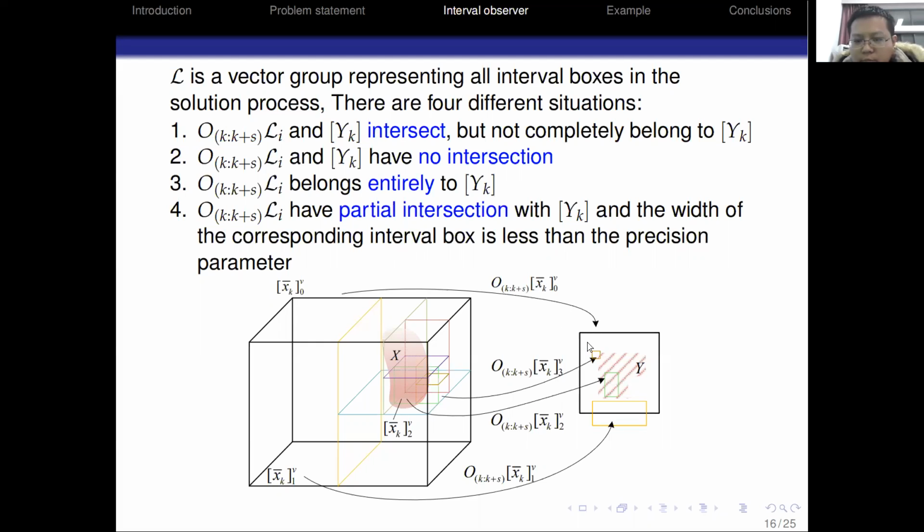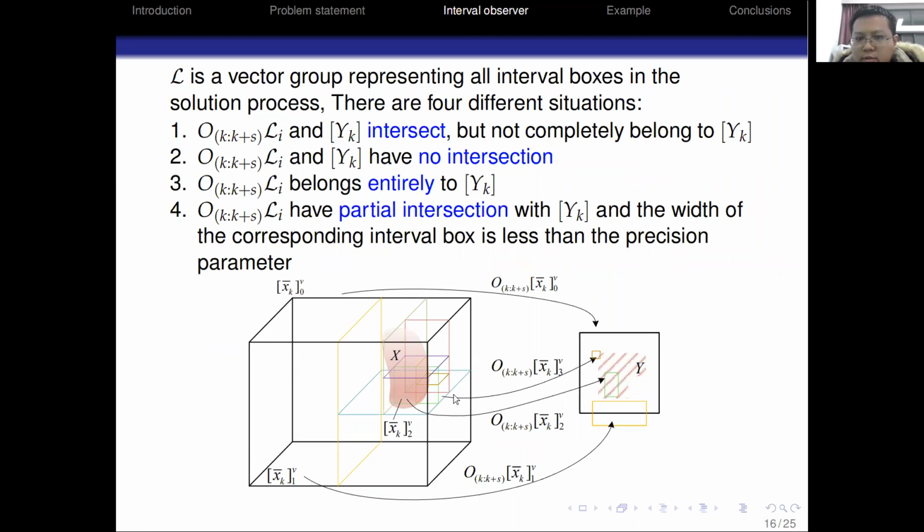The black box is OX0 and the pink one is Y. We can find these two sets intersect, but Y is smaller than OXk. The second is when OXk and Y have no intersection, such as OXk1, where the yellow box and Y have no intersection.